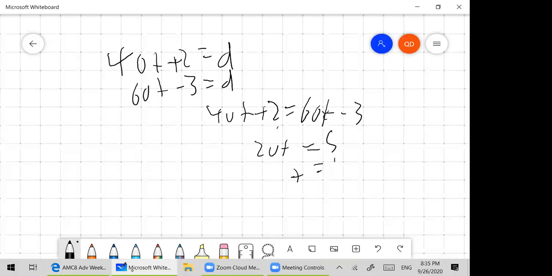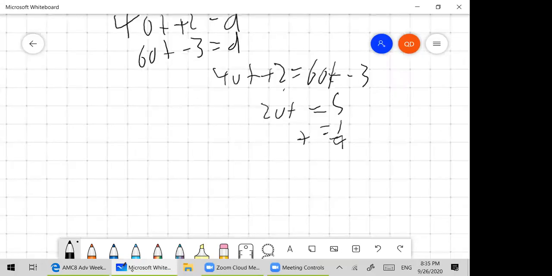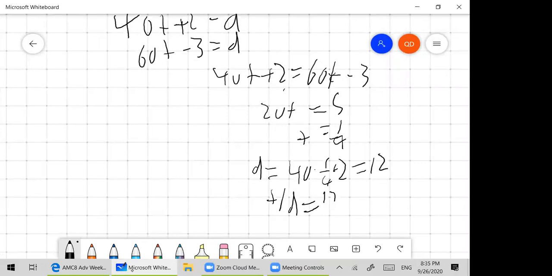So T equals 1/4. So now D equals 40 times 1/4 plus 2, which equals 12. So D over T equals 12 over 1/4, which equals 48 miles per hour.